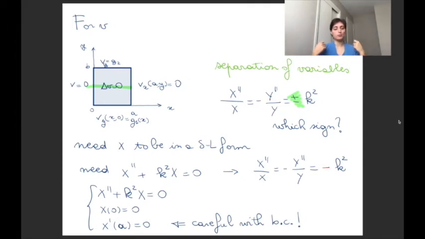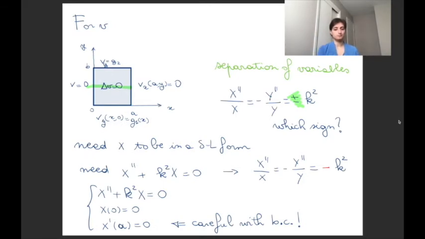So when we want to impose a Sturm-Liouville form, we want to retrieve x second plus k squared x equal to 0. That is the direction in which we have trivial boundary conditions, so in which we can retrieve a Sturm-Liouville problem. That means that our k squared in the separation of variables formula needs a negative sign.